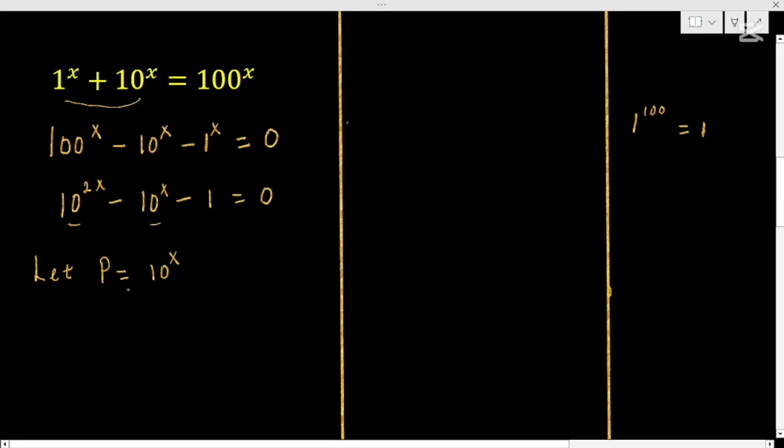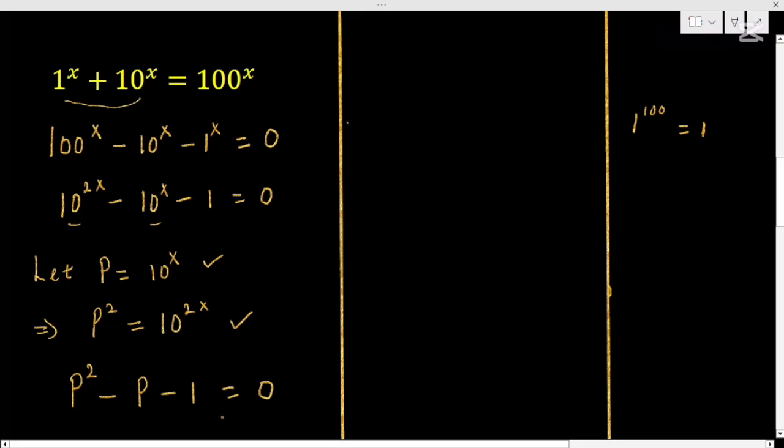And if P is equal to 10 raised power x, it implies that P squared will be equal to 10 raised power 2x. It means that whenever I see 10 raised power x, I replace it by P. And whenever I see 10 raised power 2x, I replace it by P squared. So, rewriting this equation, it becomes P squared minus P minus 1 equals 0.